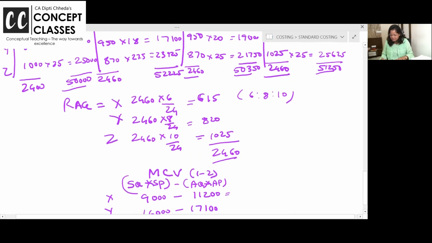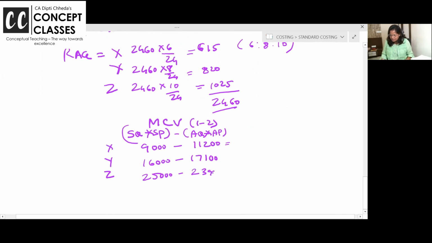For Z, 25,000 minus 23,925. 9,000 minus 11,200 is 2,200. Is it favorable or adverse? Standard cost of material X was 9,000. Actual is more. Adverse. Y is 1,100 adverse. Z ke liye 25,000 minus 23,925 is 1,075 favorable.